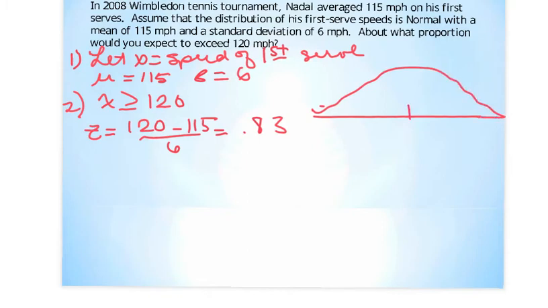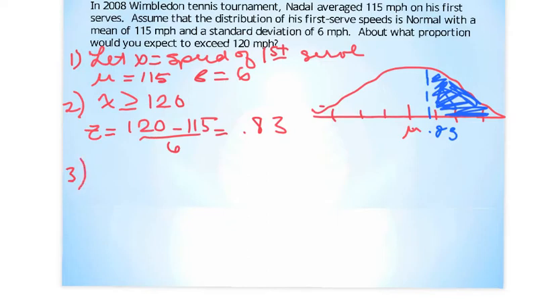If this is mu, 1, 2, 3, 1, 2, 3, I'm looking somewhere right about here, and I want to know the area above this. Great, so this is 0.83.